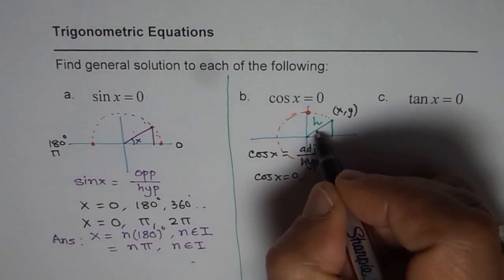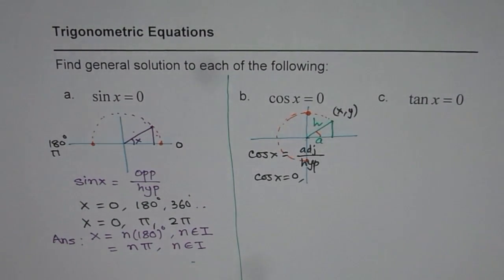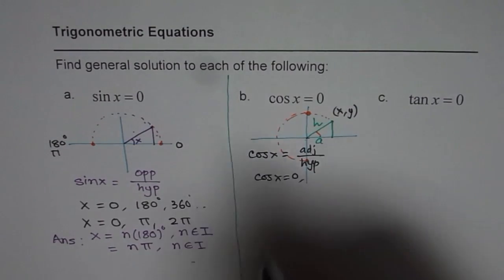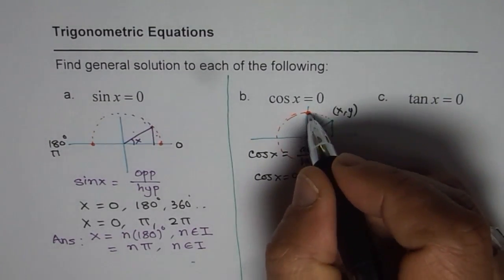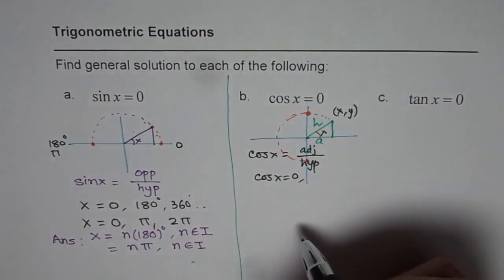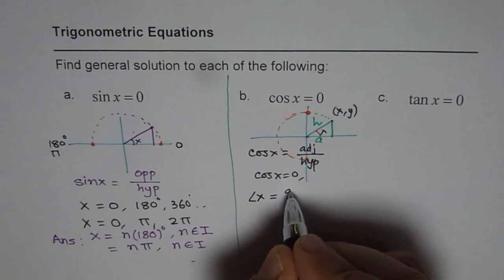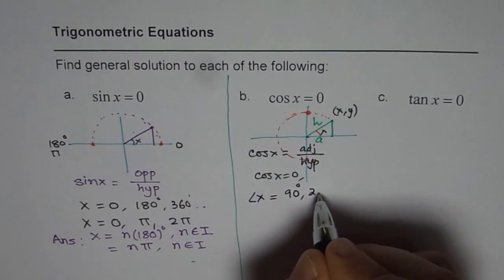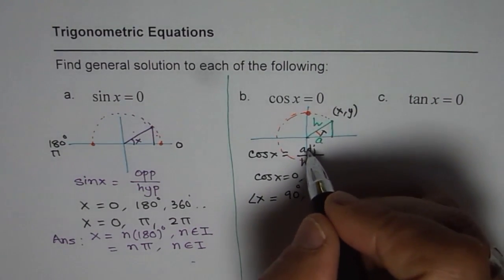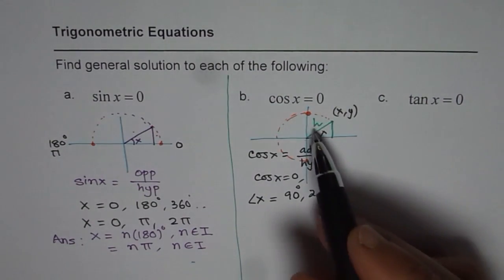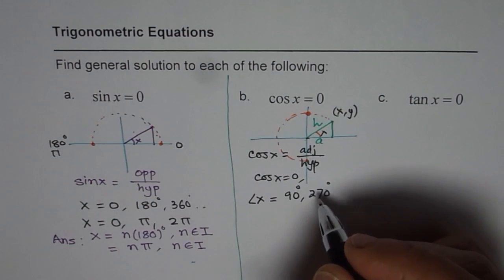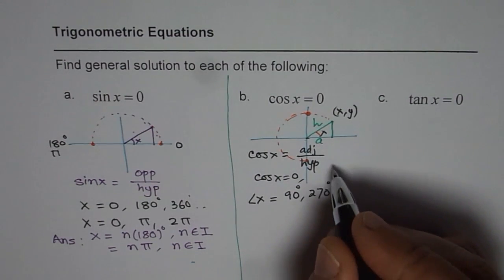So for these two places, what is the angle x? For these two places, angle x is 90 degrees or 270 degrees, correct? So we get angle x is equals to 90 degrees or 270 degrees, and then again 270 plus 90, that is how we have to keep adding them up, right?